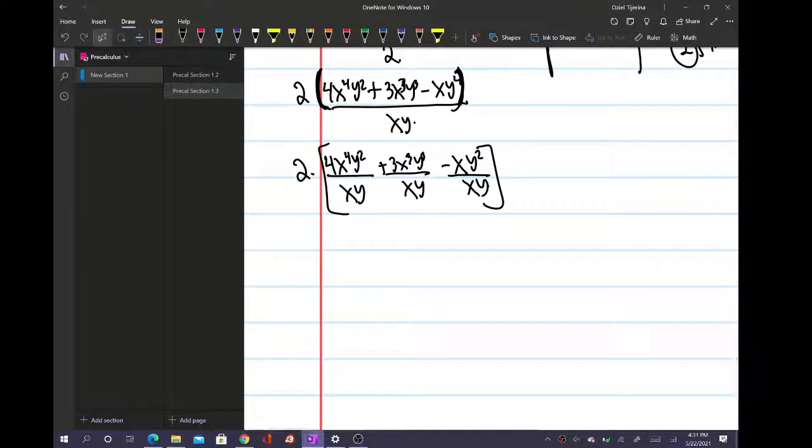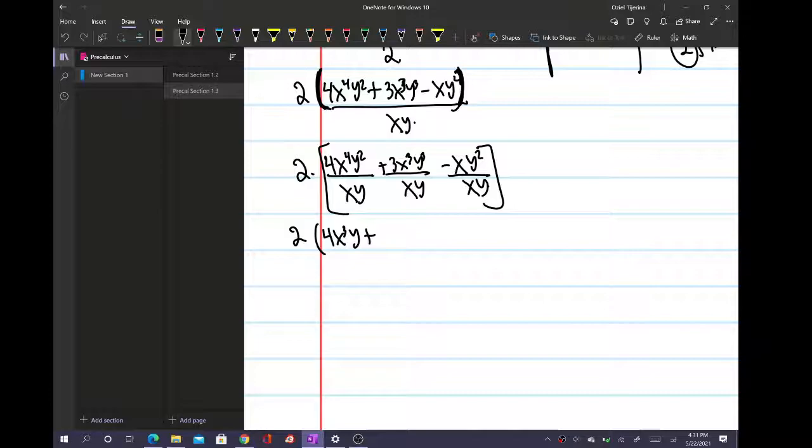And I can use the laws of exponents. 4 minus 1 is just 3, so I can say 2 times 4x cubed y plus, and whatever number that I divide by.